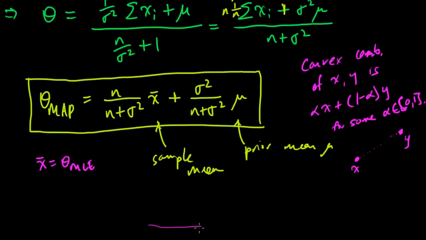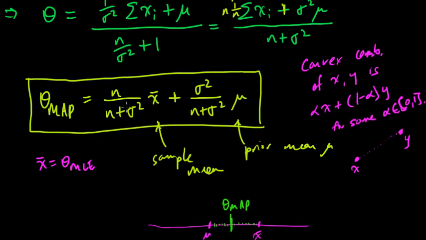So if our prior mean was here, say, and we got a sample mean over here, then as n and sigma squared vary, our MAP estimate is going to be somewhere in this range. If we wanted to recover mu, then if n was 0, if we have no data, that makes sense.